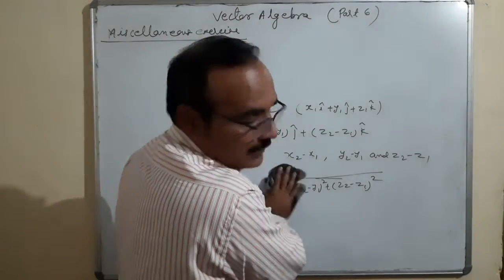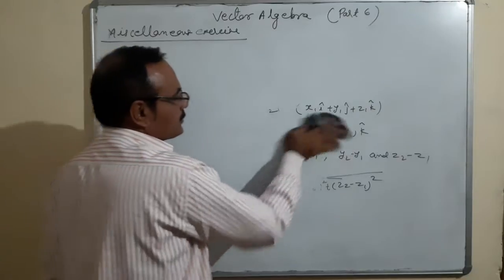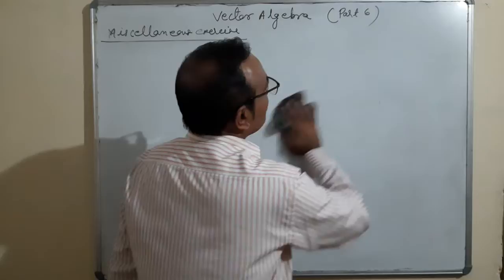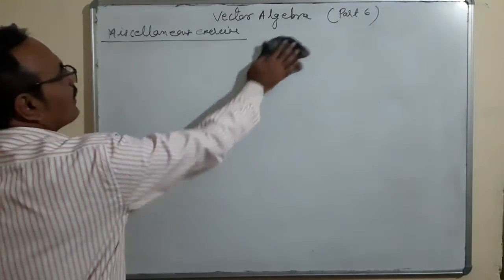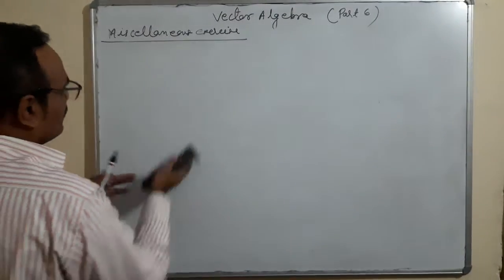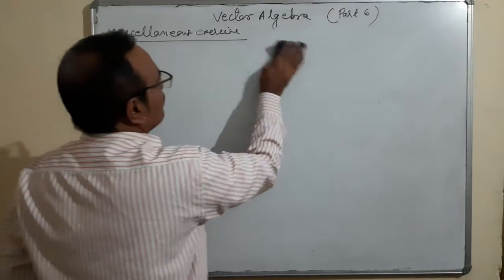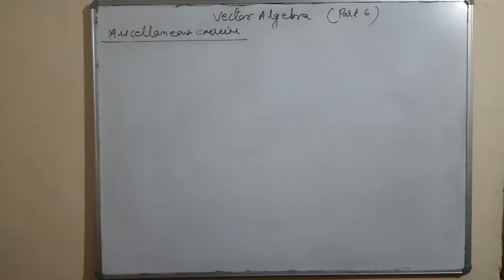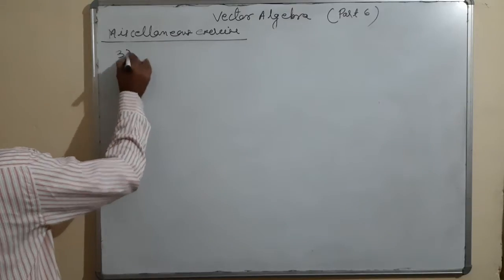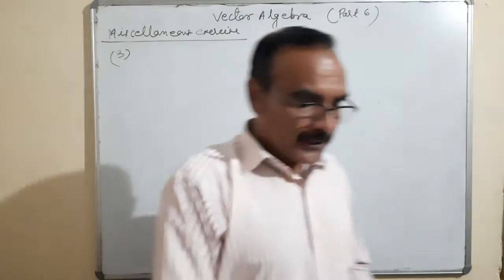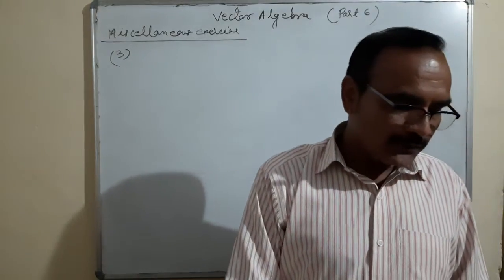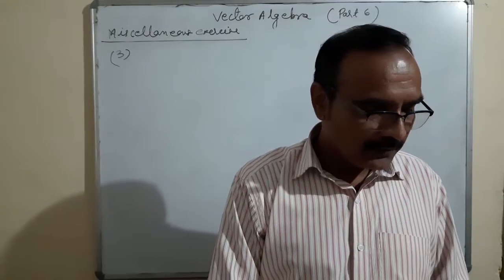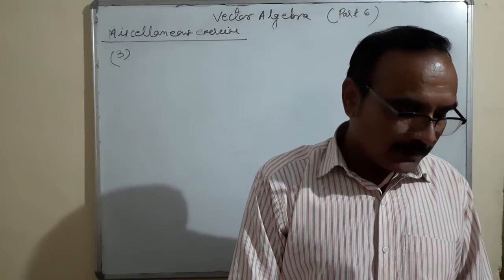Question number 3. It's a very interesting and important question. We'll try to understand it. The question is, a girl walks 4 kilometers towards west, then she walks 3 kilometers in the direction of 30 degrees east of north and stops.